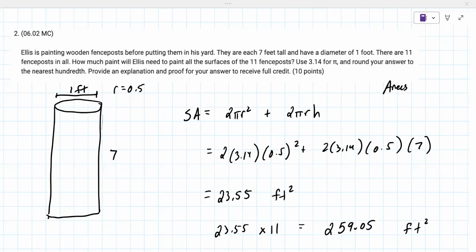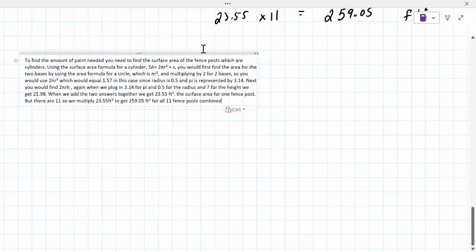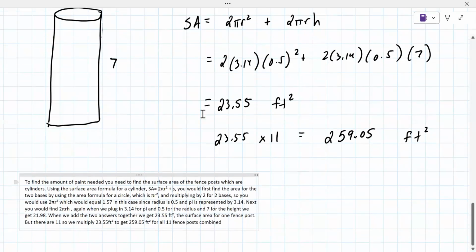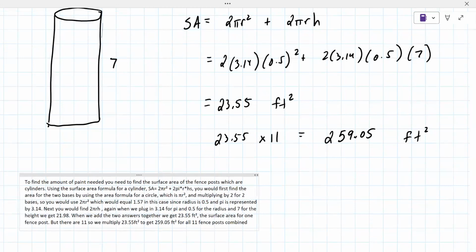I put what I wrote in the chat. Okay. Let's take a look here. So we're missing the formula, it's 2 pi r h.